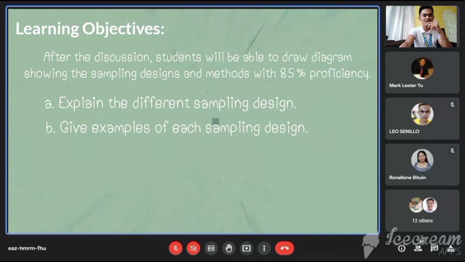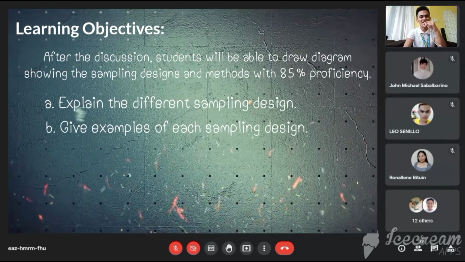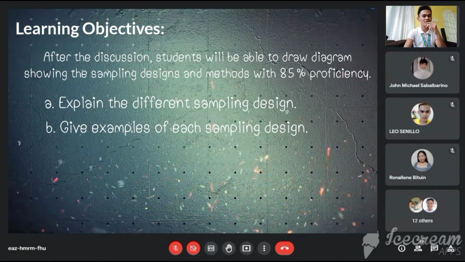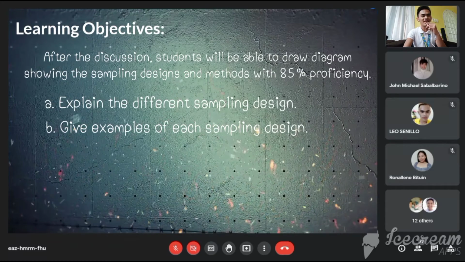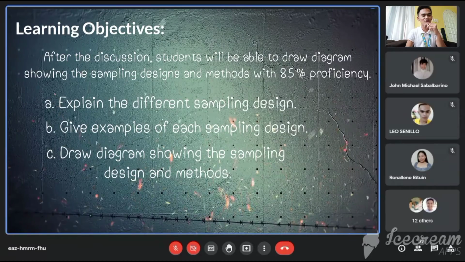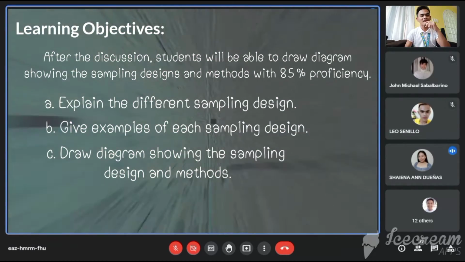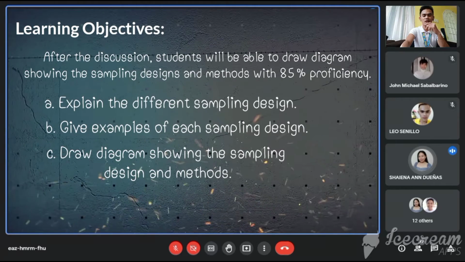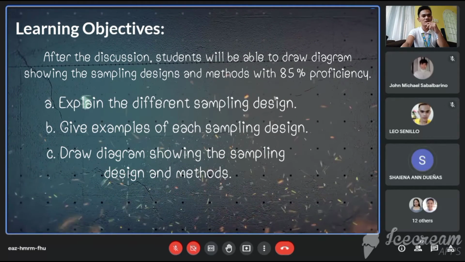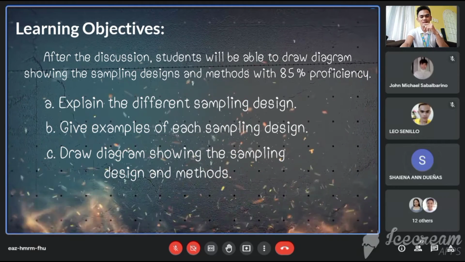Second, relate and give real-life examples of sampling designs. And last, draw a diagram showing the sampling designs and methods. Those are the learning objectives that you must attain after this class session.